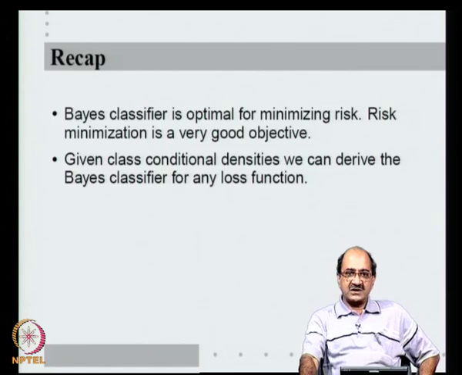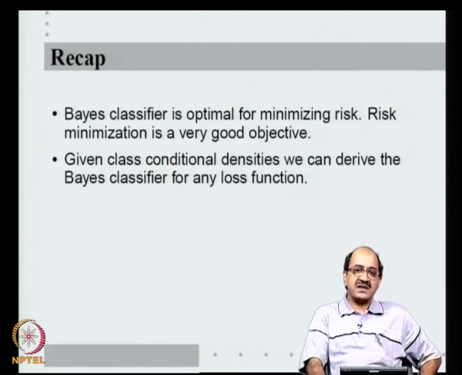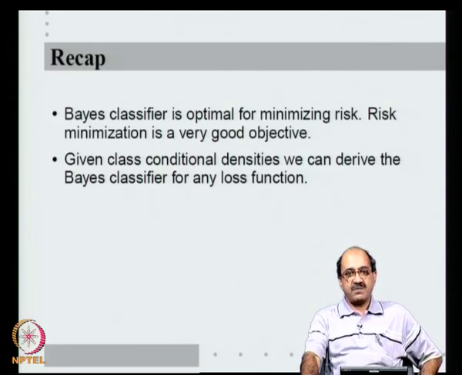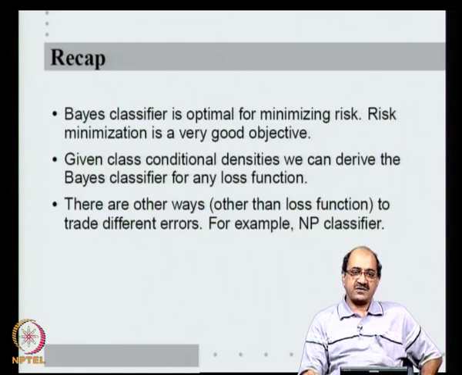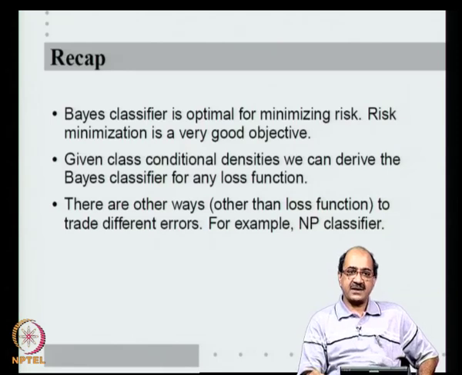As I have also said in the last class, risk minimization is only one of the many possible objectives. There are ways other than loss function risk minimization to think of classifiers. Essentially, one way of looking at loss functions is that it assigns different amounts of loss to different kinds of errors a classifier can make.